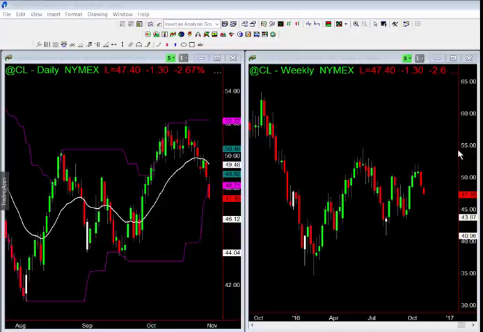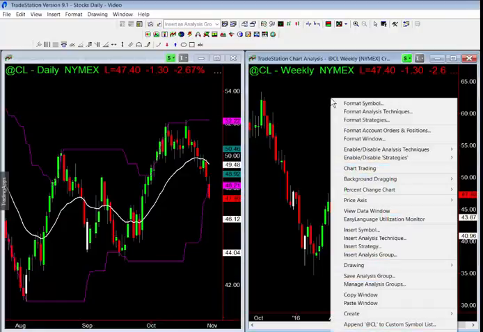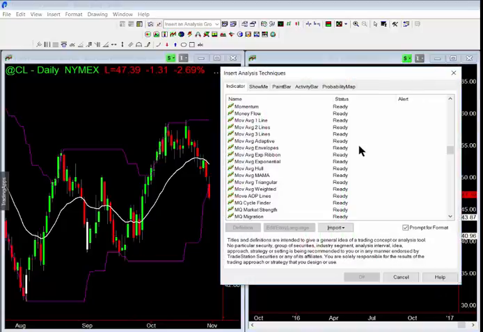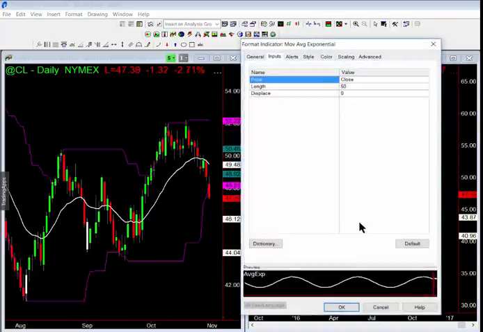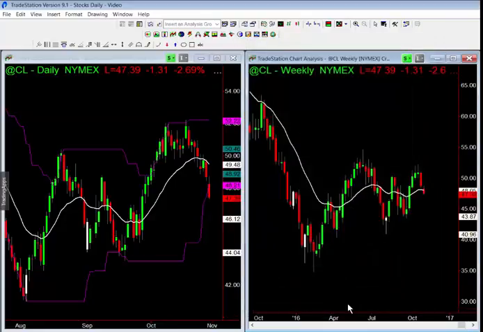So let's go ahead and apply the same two indicators on this chart. We're going to insert an analysis technique, moving average exponential. It's a 50, we'll change that to a 20. Hit OK.